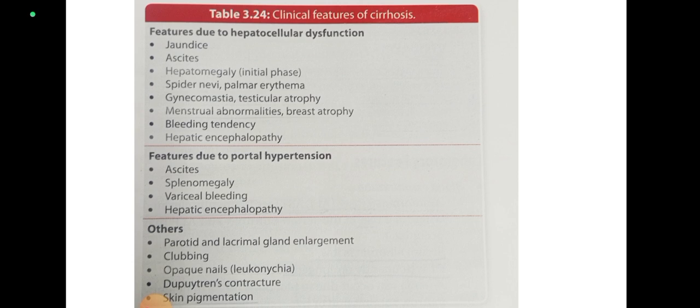Features due to portal hypertension are ascites, splenomegaly, variceal bleeding, hepatic encephalopathy. Other clinical features are parotid and lacrimal gland enlargement, clubbing, opaque nails, Dupuytren contracture, and skin pigmentation.